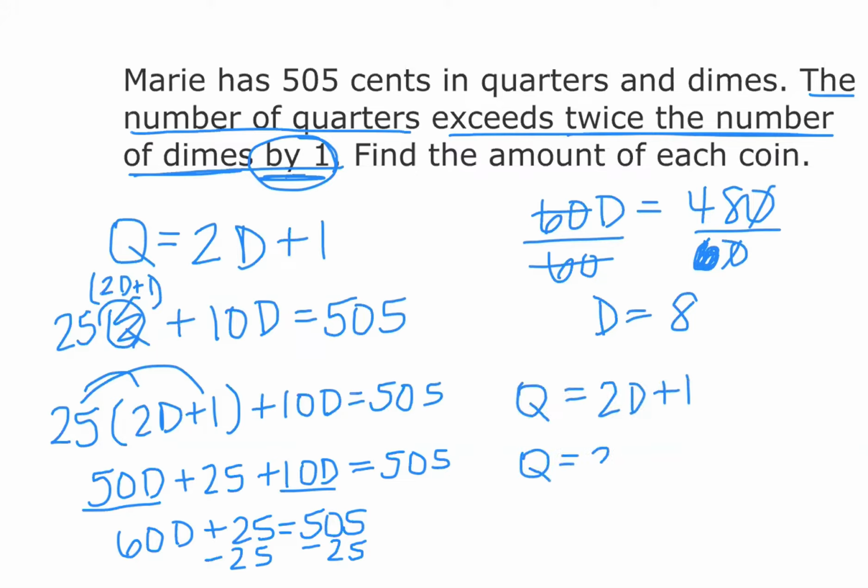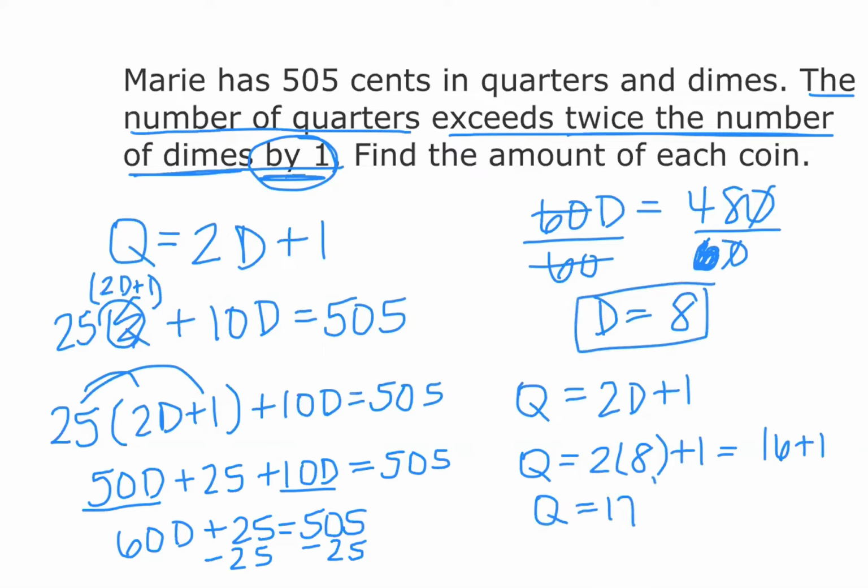Quarters equals 2 times 8 plus 1. So 16 plus 1. Quarters equals 17, and dimes equals 8. Okay. Any other questions? I know this one was worded weird, I'm sorry.